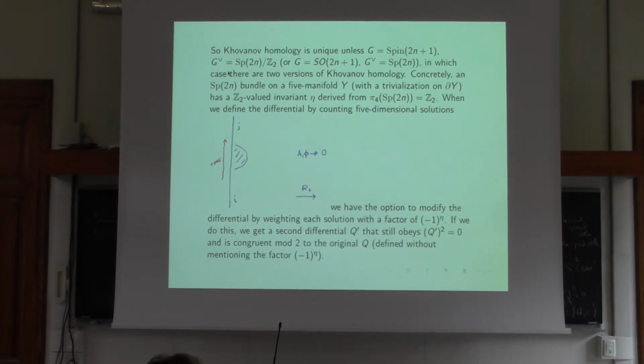This modified counting doesn't affect the fact that Q prime squared is 0. And since instead of counting the solutions with one sign, we're counting them with a different sign, that doesn't affect the counting mod 2. So we get a new differential that's congruent mod 2 to the old one. And that's our candidate for the 2 versions of Khovanov homology for this kind of gauge group.